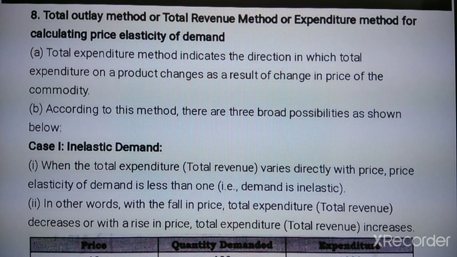Means when the price of a commodity changes, whether the total expenditure is increasing, decreasing or remaining the same, right? On the basis of this, there are different possibilities. Those possibilities we are going to study here. Now the first case is inelastic demand.